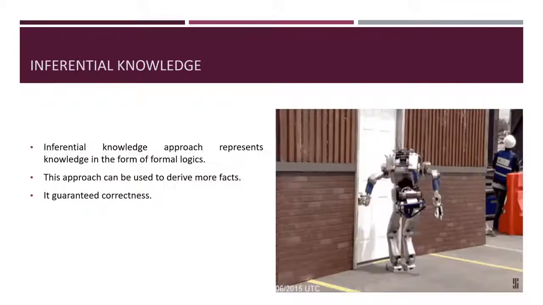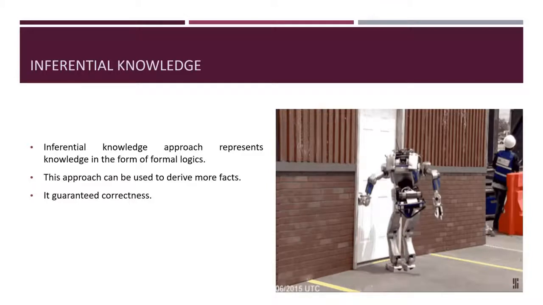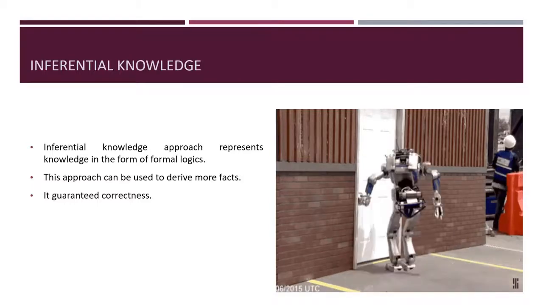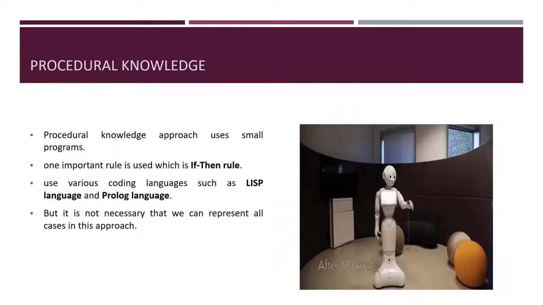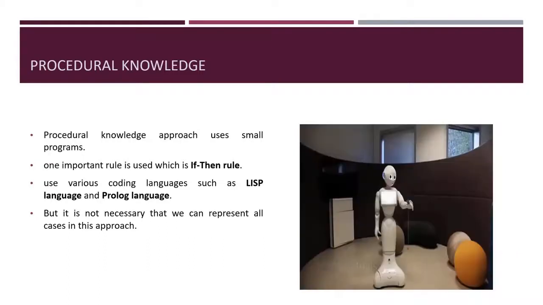And the next one is inferential knowledge. This approach represents knowledge in the form of formal logic. It can be used to derive many more facts. It guarantees correctness. And the next one is procedural knowledge. The procedural knowledge approach uses small programs and code which describe how to do specific things and how to proceed.